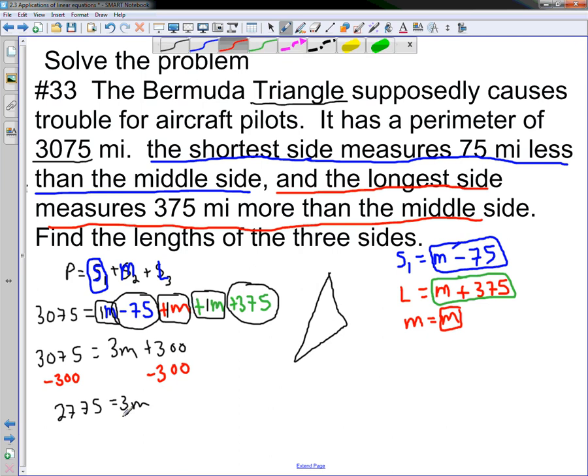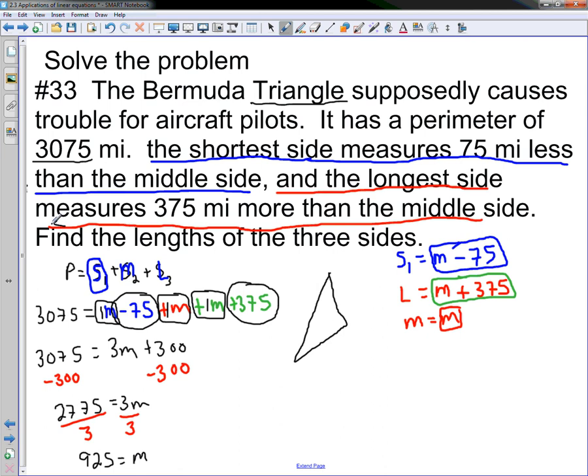And then we're going to divide by 3. And we get 925. Okay, so this is m, which is the middle.